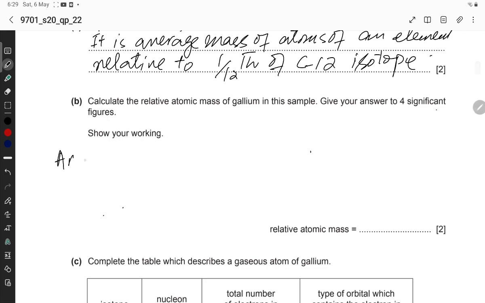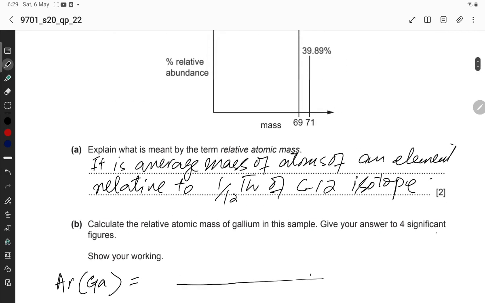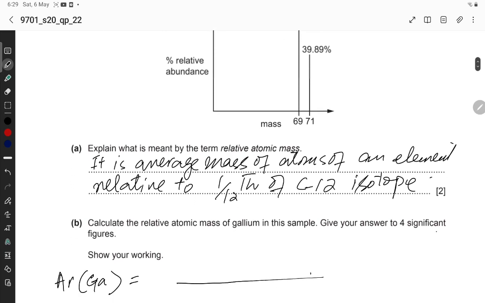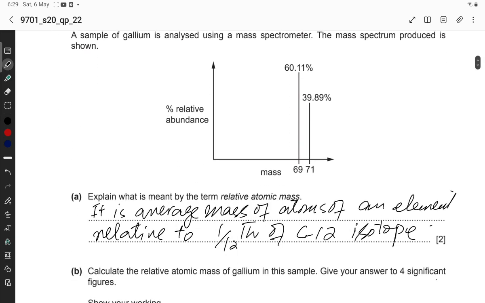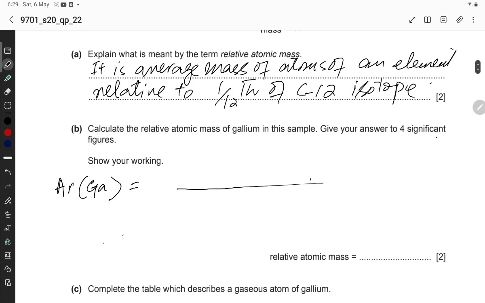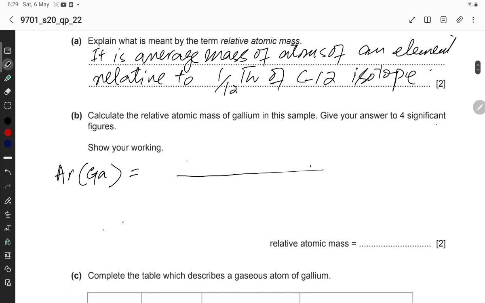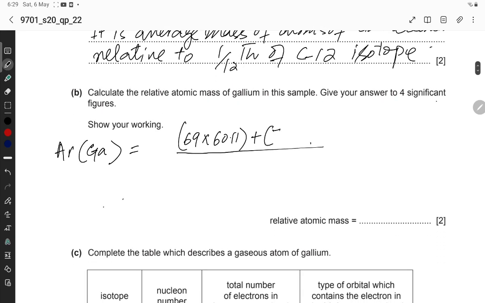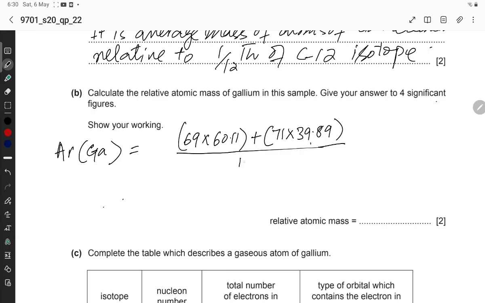The relative atomic mass of gallium is equal to: there are two isotopes given in the mass spectrometer, that is 69 times 60.11 plus 71 times 39.89, divided by 100, which is equal to 69.79.